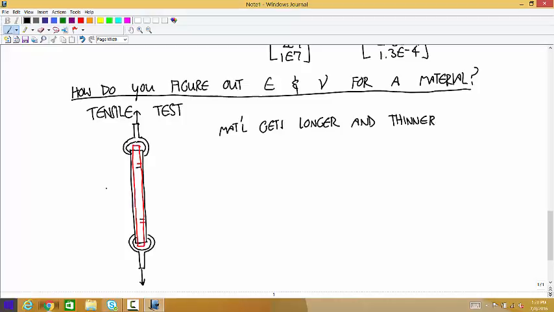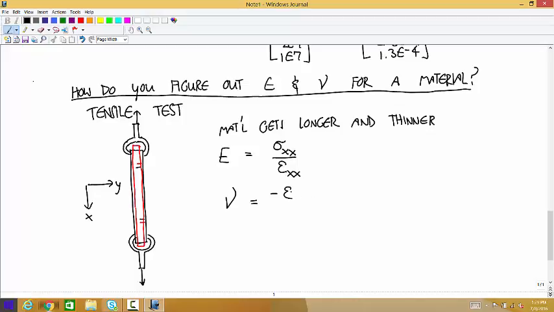And so let me call the x-axis the up-down axis. That's the loading axis. And the y-axis is that perpendicular axis that you can see in this picture. Then the Young's modulus is equal to the normal stress in the x direction divided by the normal strain in the x direction. And the Poisson's ratio is the negative off-axis strain.